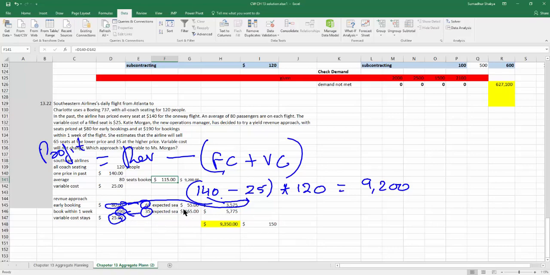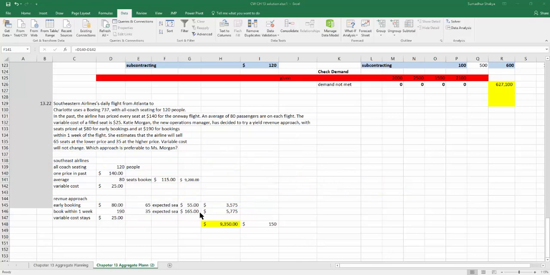Therefore, the expected revenue would be different in this case. So let's see how that can be done. All I'm saying is the expected revenue is $80 minus 25 here, and for the next one I've calculated 190 minus 25.